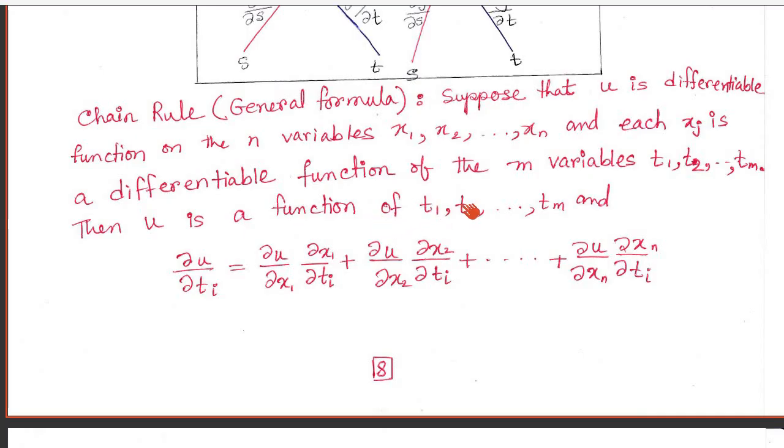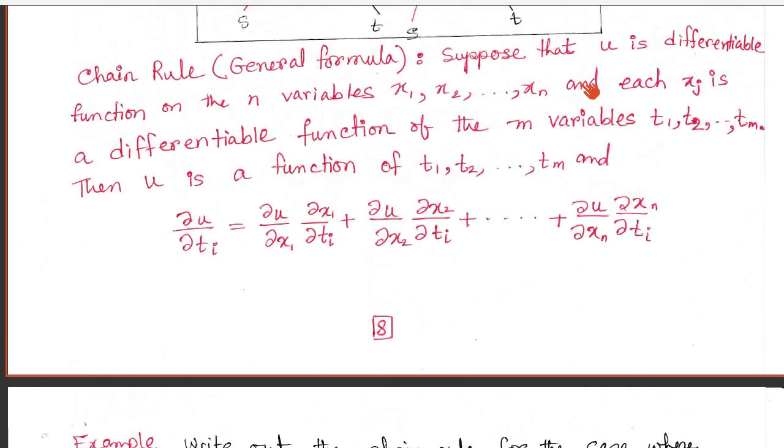Then u is a function of t1, t2 up to tm, and the partial derivation of u with respect to ti, i is equal to 1, 2, 3 up to m, is du by dx1, dx1 by dti plus du by dx2, dx2 by dti dot dot finally du by dxn, dxn by dti. So we are going to see an example.